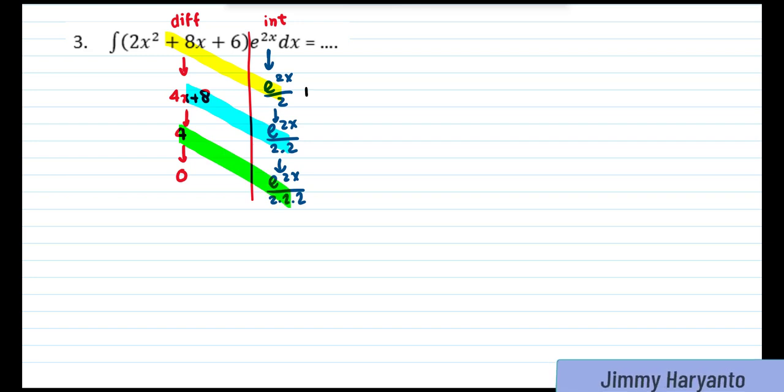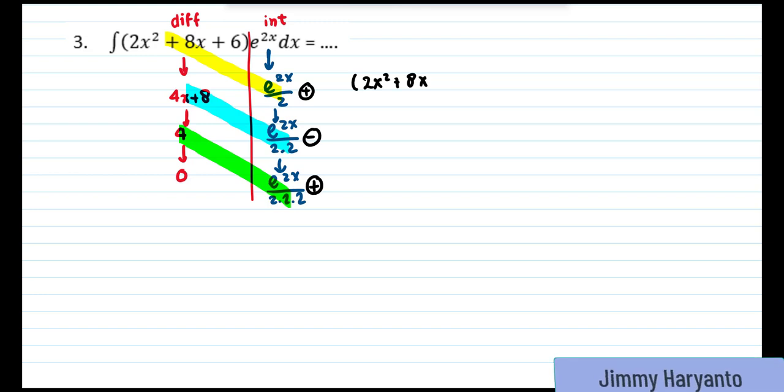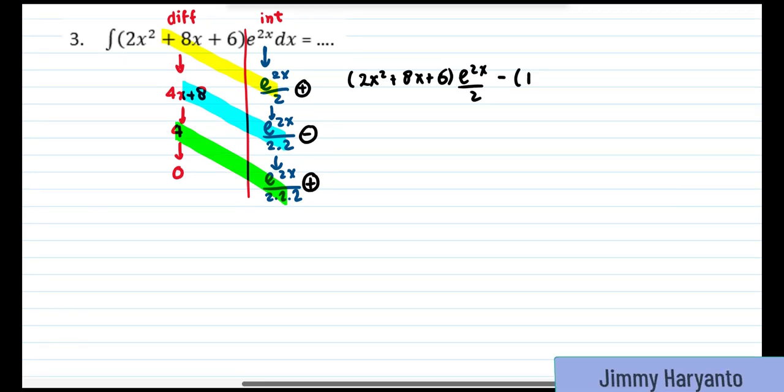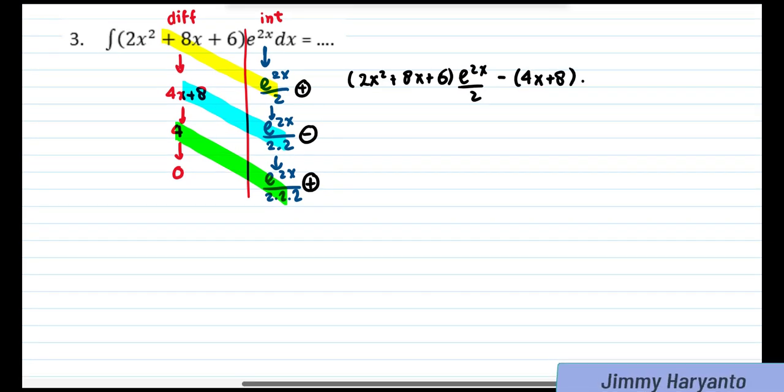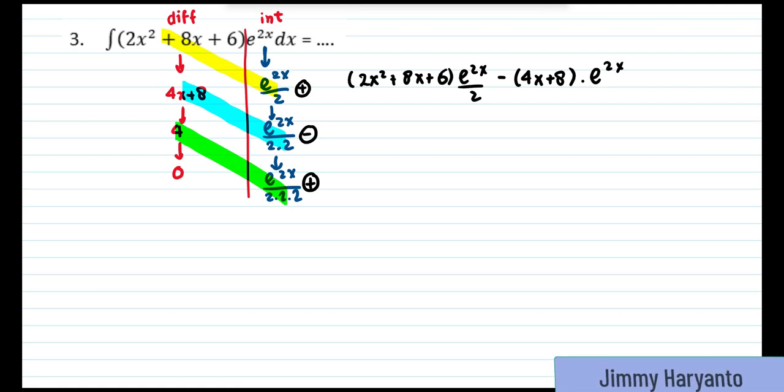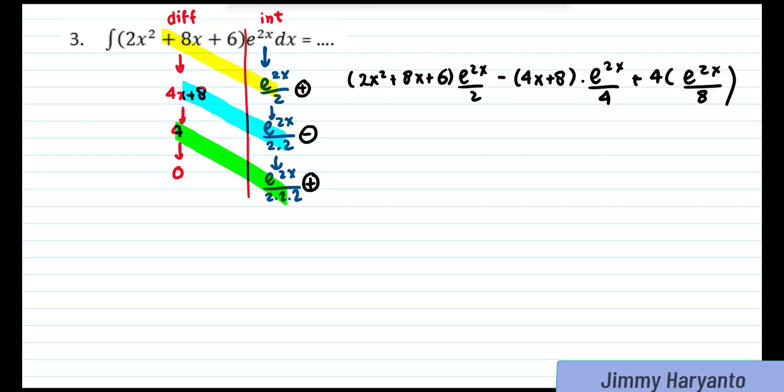For the first one, it will become positive, the next one will be negative, the third one will be positive. So the result will be 2x squared plus 8x plus 6 times e to the power of 2x over 2, and then minus 4x plus 8 times e to the power of 2x over 4, plus 4 times e to the power of 2x over 8.